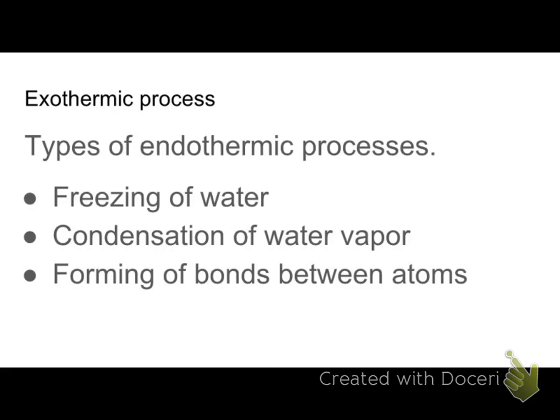So we've got endothermic and exothermic. Questions? So far we have talked about potential energy, kinetic energy, chemical energy, thermal energy. Now we're talking about endothermic and exothermic processes. Thermal means heat, right? Heat energy going in or going out.